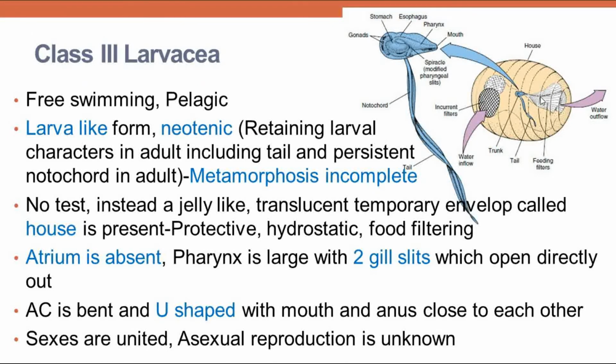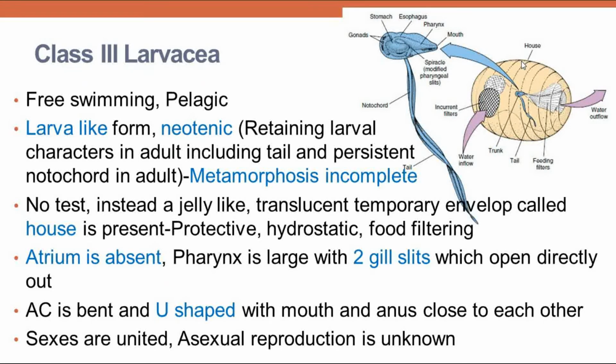You can see here, the organism is protected inside a jelly-like, translucent or transparent temporary envelope called the house. This is the house, and it is protective, hydrostatic, and food filtering. It gives buoyancy to the body, and helps in the filtration of food particles from the water.